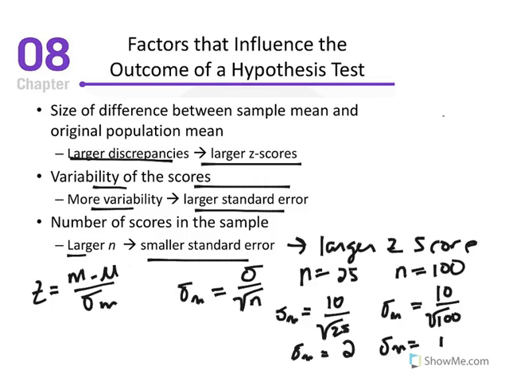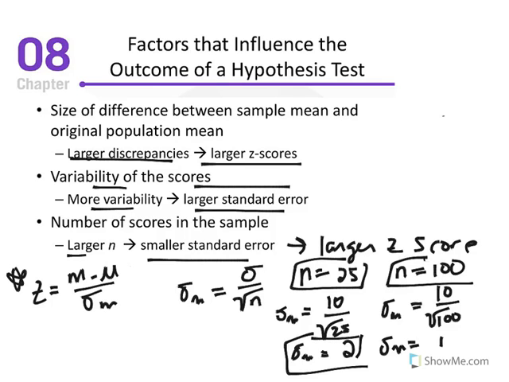And so what does that mean? Again, we looked at the relationship of what happens when standard error changes. In other words, when we look over here at our z equation, if you divide by a larger number versus a smaller number, the smaller sample size of 25 produced a larger standard error in comparison to the sample size that was larger, which equaled 100.